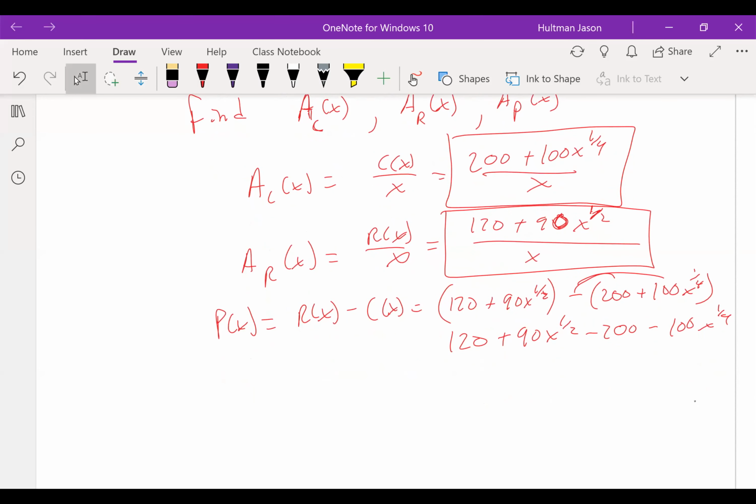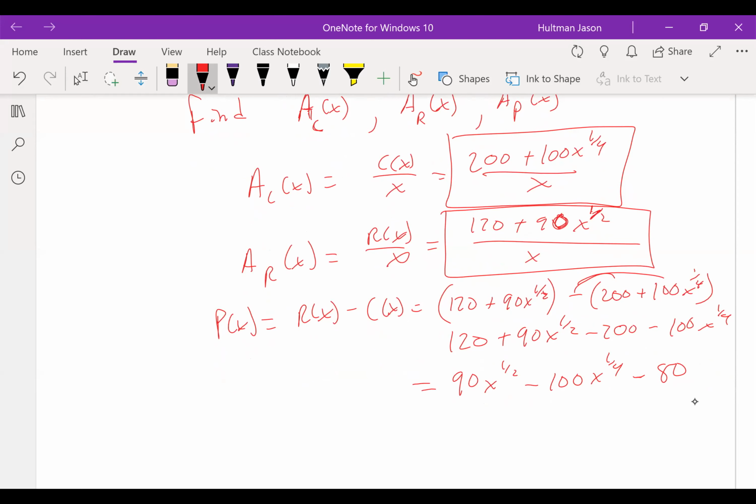So this is going to become 90X to the 1/2 minus 100X to the 1/4 minus 80. That's the difference between 120 and 200.